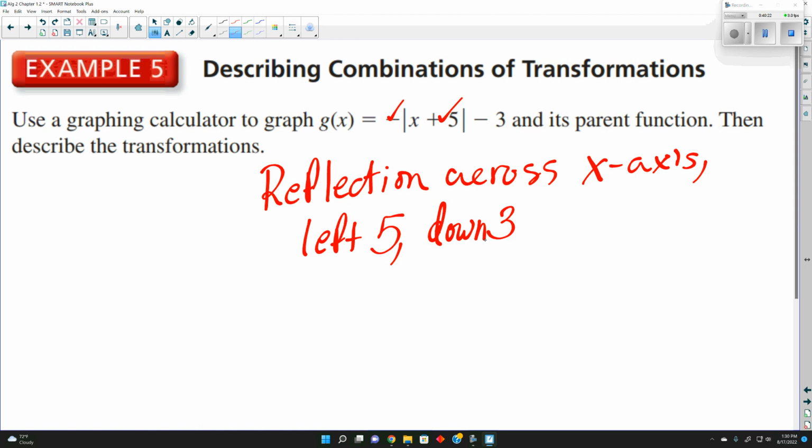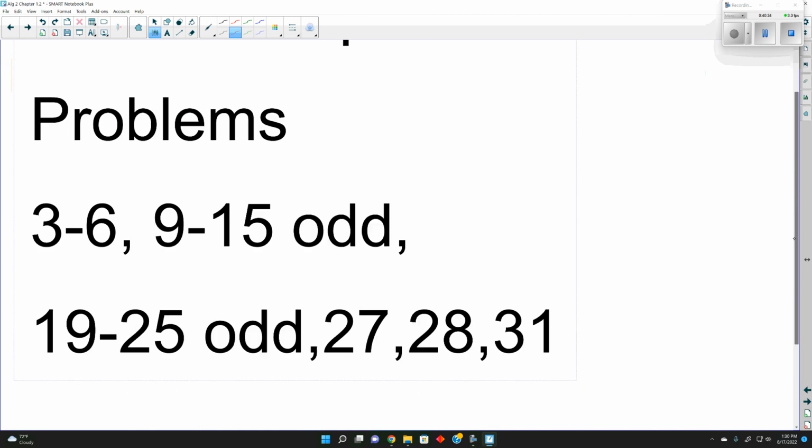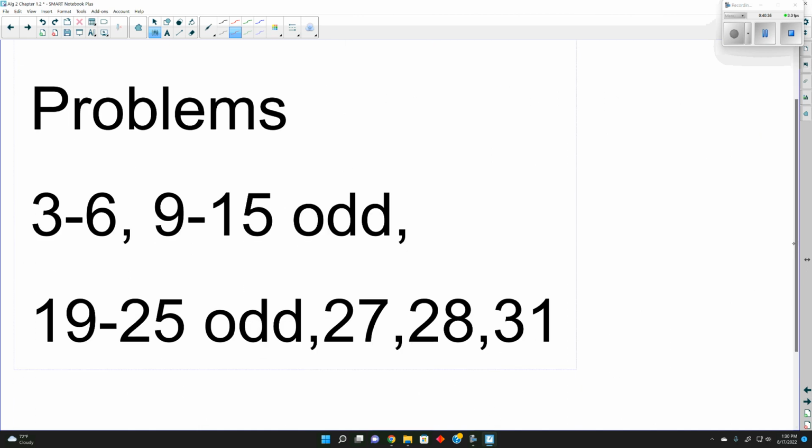Is this any harder than what we just did? No, we're just taking each of the different components and putting them all together, and that's it. Questions on this here? And that is it. Now the first 3 are going to be combining some. So the first 3 is going to be dealing with multiple transformations, not translations, because translations is just up, down, left, right.